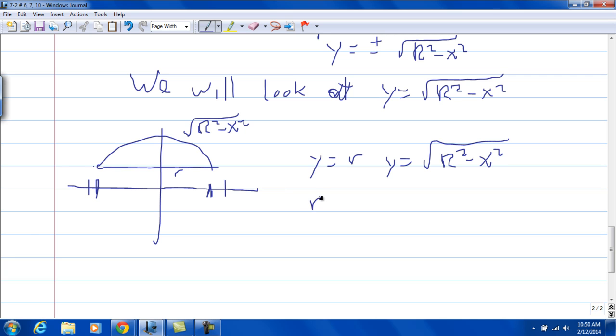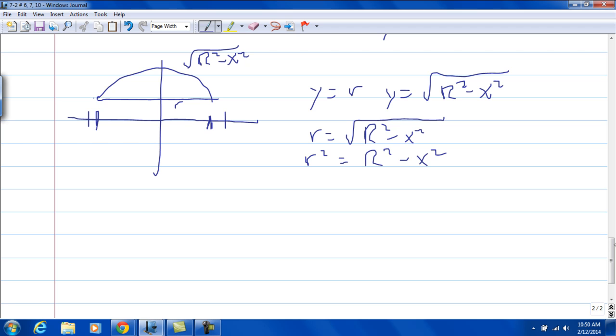So if we set little r equal to the square root of capital R squared minus x squared, squaring both sides, little r squared equals capital R squared minus x squared. And if I want to solve for x, we'd have negative capital R squared plus little r squared is negative x squared, because we want to see these x values. Then if we multiply by negative 1, capital R squared minus little r squared equals x squared.